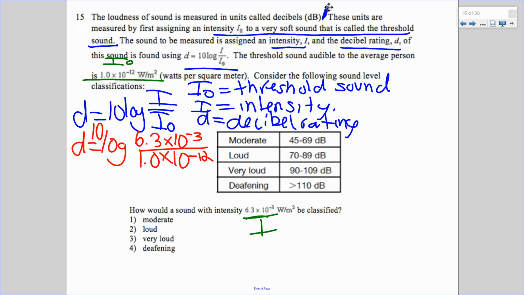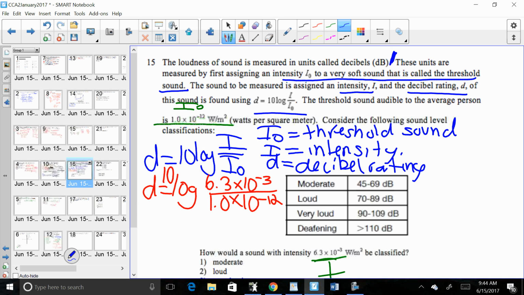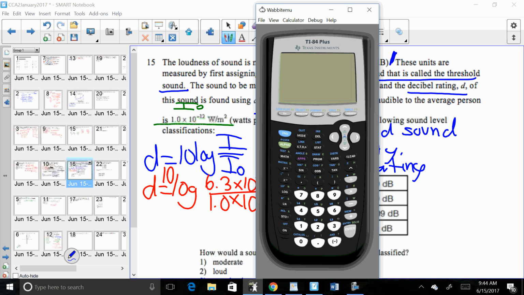Okay, so I'm going to go to my calculator, and I'm going to type that monstrous thing in. I'm going to ask my students to help me out here in just a moment. It's 10 log, correct? 10 log, again, no log base here.